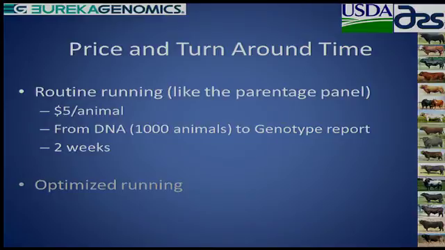But this is what the price is in the startup phase, where we're dealing with low volumes and trying to get established. There's an awful lot of inefficiencies involved in doing this on a low volume basis.